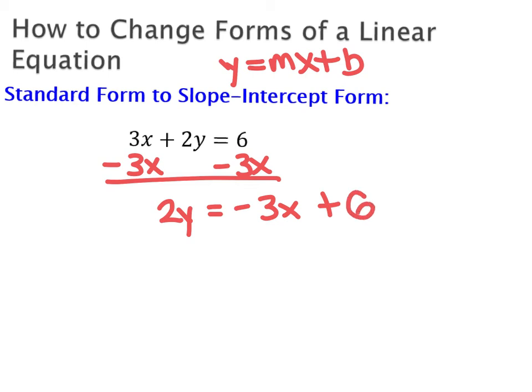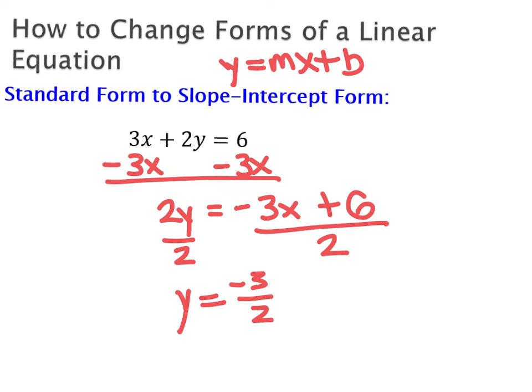Then to finish getting y by itself, I would have to divide both sides by 2. So that'll give me y equals -3 divided by 2 is -3/2 x, and 6 divided by 2 equals 3. So it's plus 3. The one thing to be careful of here is just making sure that you divide everything by 2.